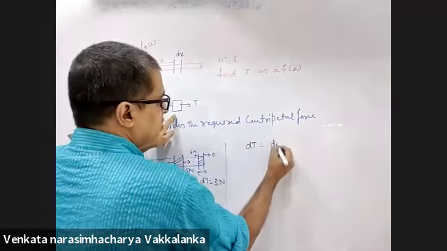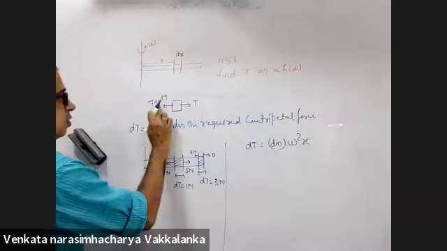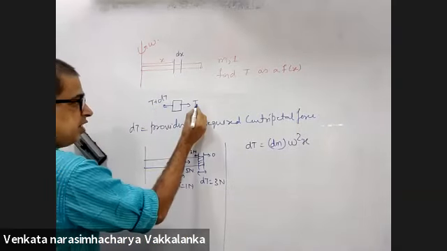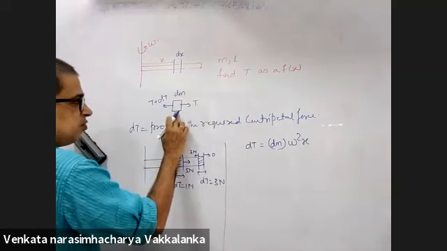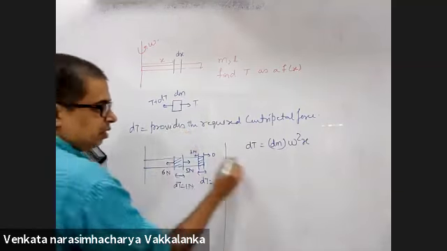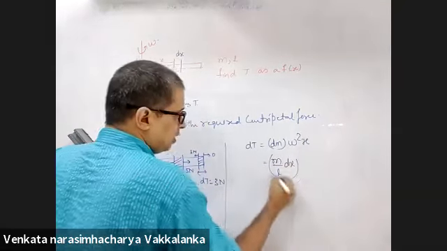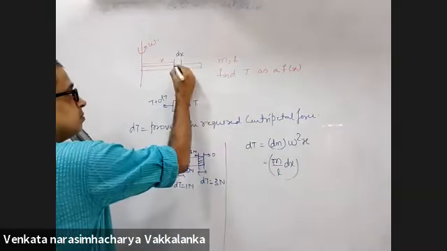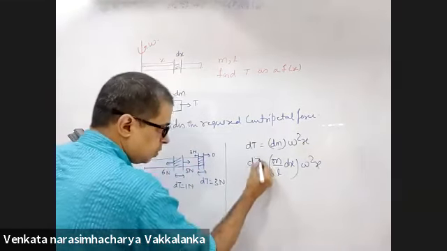dT provides the required centripetal force, dm omega square x. Technically T plus dT minus T: this minus this provides the centripetal force for this element. dm is mass per unit length into length of the element, unitary method. Omega square x.